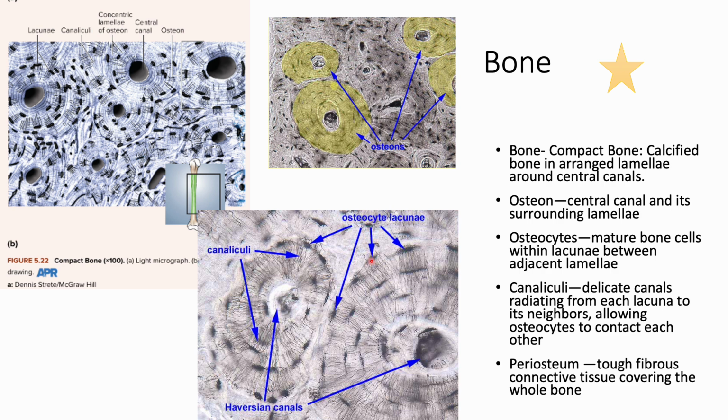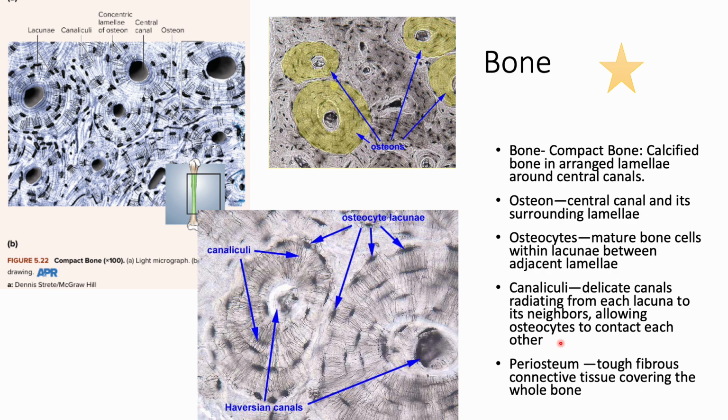They become trapped, and then now they are called mature bone cells, osteocytes, which reside within their cavity called the lacunae. You see that these osteocytes have thin projections called canaliculi. The canaliculi are delicate canals radiating from each lacuna to its neighbors, allowing osteocytes to contact each other.